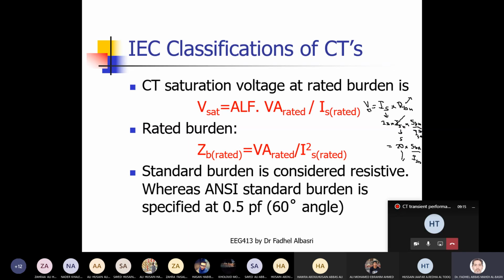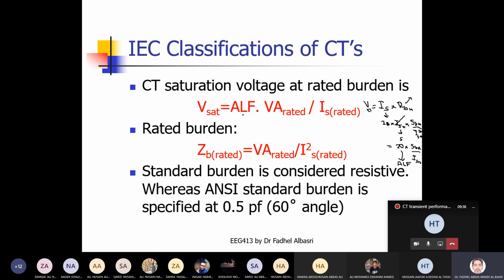And this 20 represents the accuracy limit factor defined by IEEE, which is only one number in IEEE, 20 times.